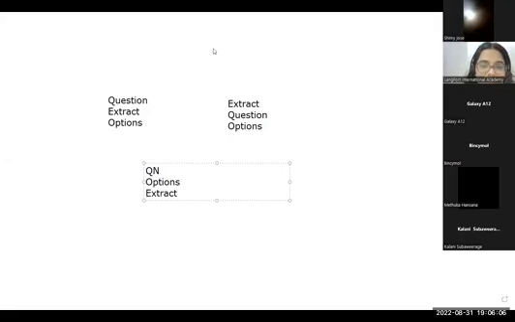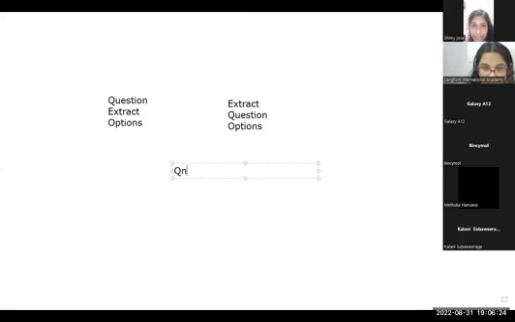If you read the question and the options first, it can be quite confusing, because many of us will not be able to understand or reject the wrong options. So do not read the question, options, then come to the extract. It will confuse you, and you will not be able to figure out which is the correct option.